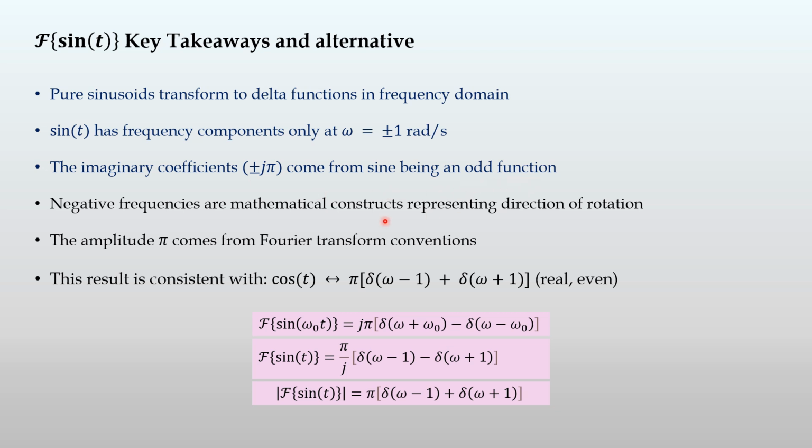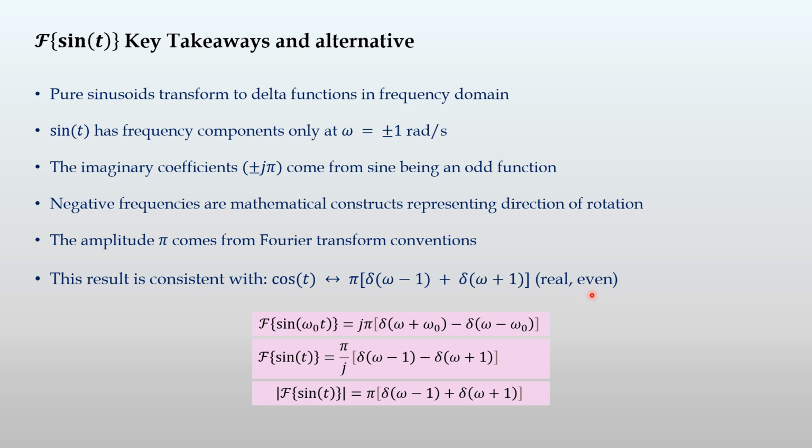Fourth, negative frequencies are understood as mathematical constructs representing rotational direction. Fifth, the amplitude factor of π is noted to originate from Fourier transform normalization conventions. Finally, consistency is observed with the cosine transform result, which yields real, even delta function pairs.